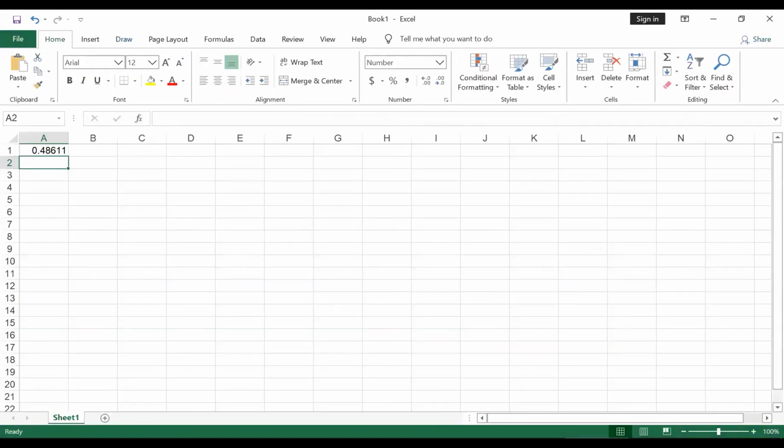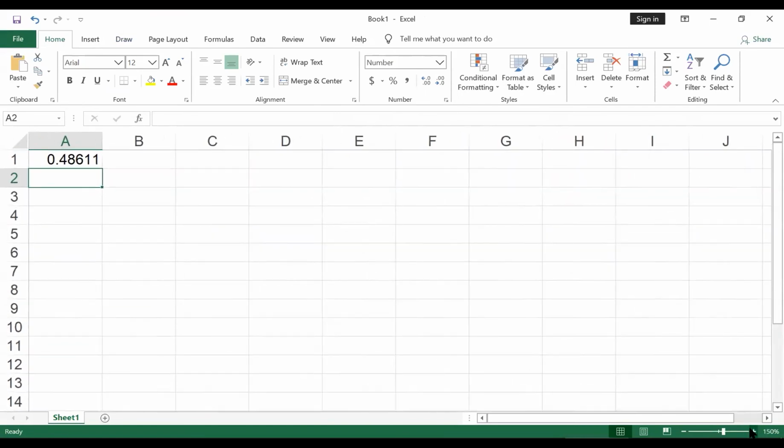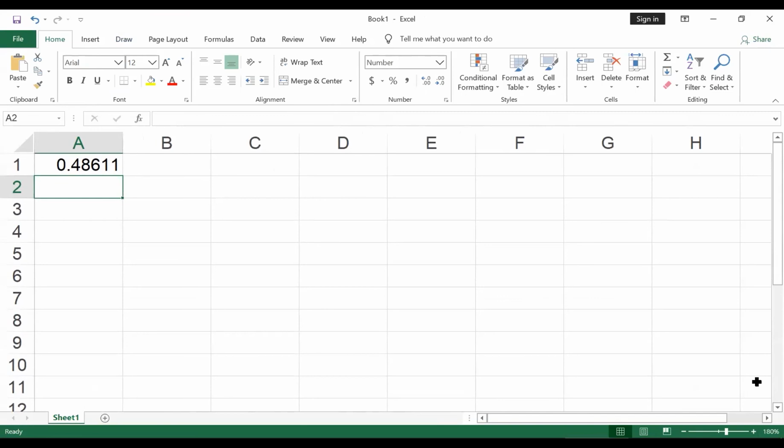and if you notice, if you do the math, you get this number, rounding it off to 3 significant figures would be 0.486.